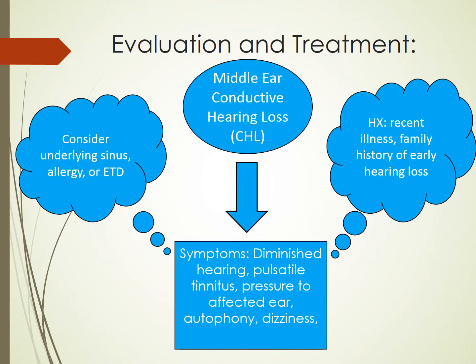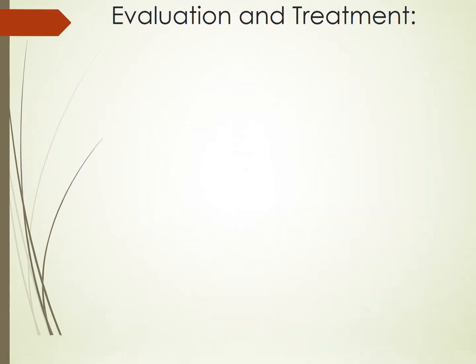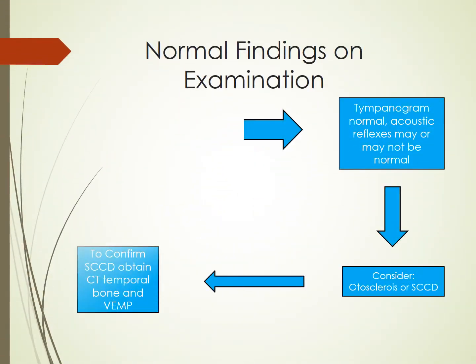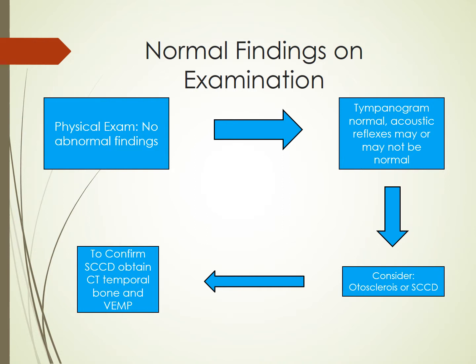The next 3 slides will walk you through how to evaluate and treat a potential conductive hearing loss that is in the middle ear space. The patient will present sometimes with complaints of hearing loss. Upon physical exam, no abnormalities are identified.